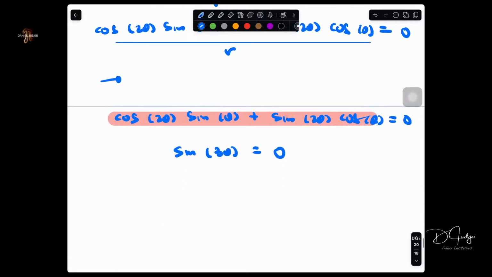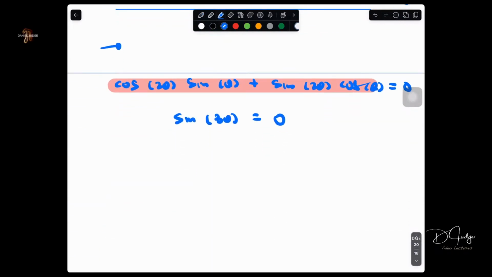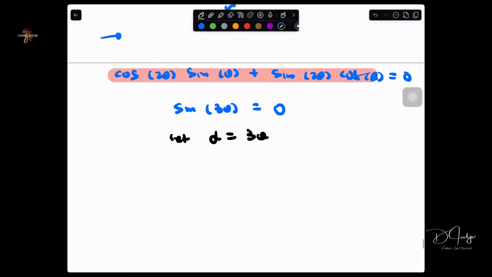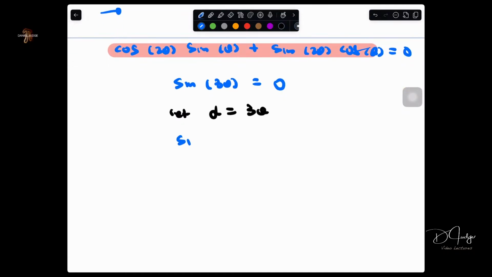Okay. So now again, we have a nice trig equation. I'm going to let alpha be 3 theta. So this now becomes sine of alpha equals 0. Well, that means alpha is 0. Alpha is pi. And alpha is 2 pi.